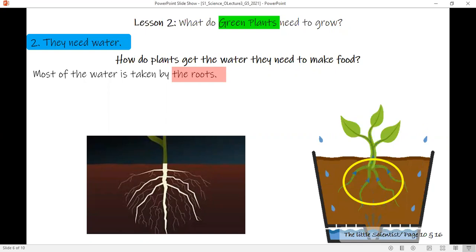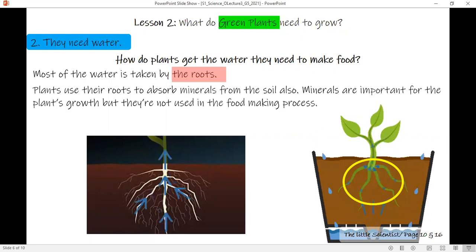So here are the roots of this plant, and the roots help to take in water from the soil to the plant. Plants need the roots also to absorb minerals.